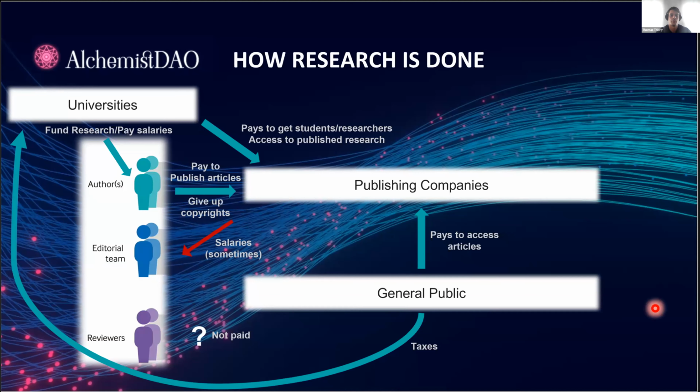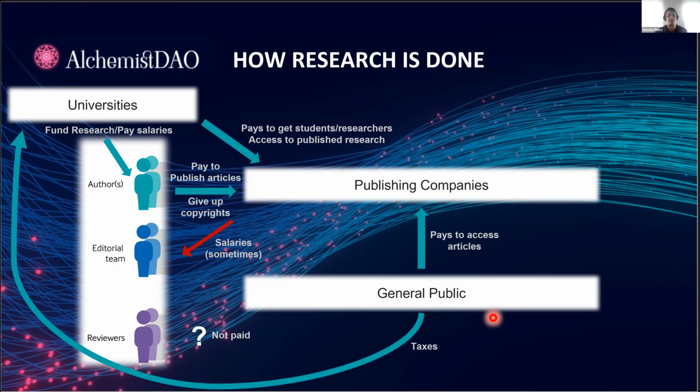And if you're curious, for example, and you want to get access to some research articles when you are a citizen, part of the general public, you can't, because you have to buy it. So you can, but you have to pay around $35 per article, which is a lot, to the publishing companies.